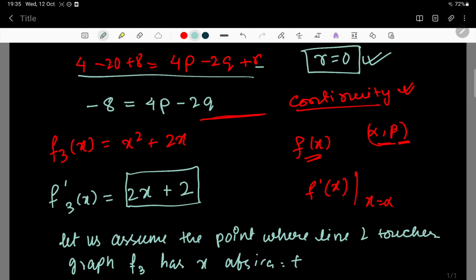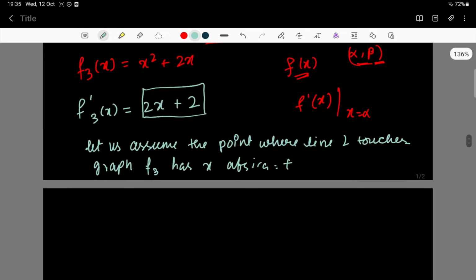This is the parametric form. We have taken a parameter of x, that is t.